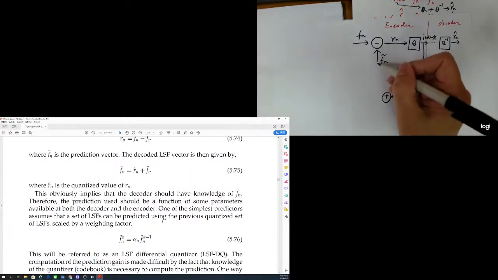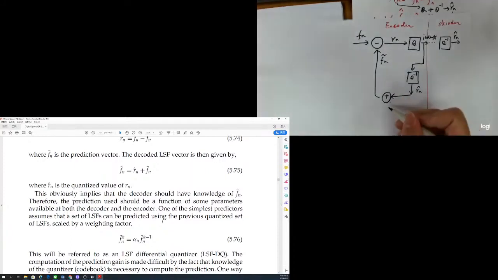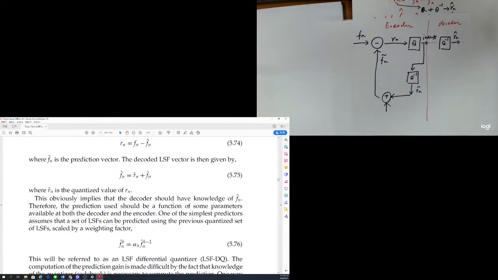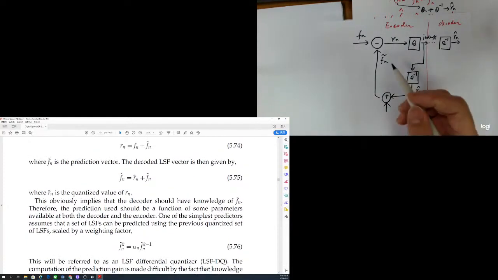You have to generate it like this: your prediction plus R n hat gives F n hat. The prediction is based on the reconstruction. You multiply one coefficient with F n hat at k minus 1.